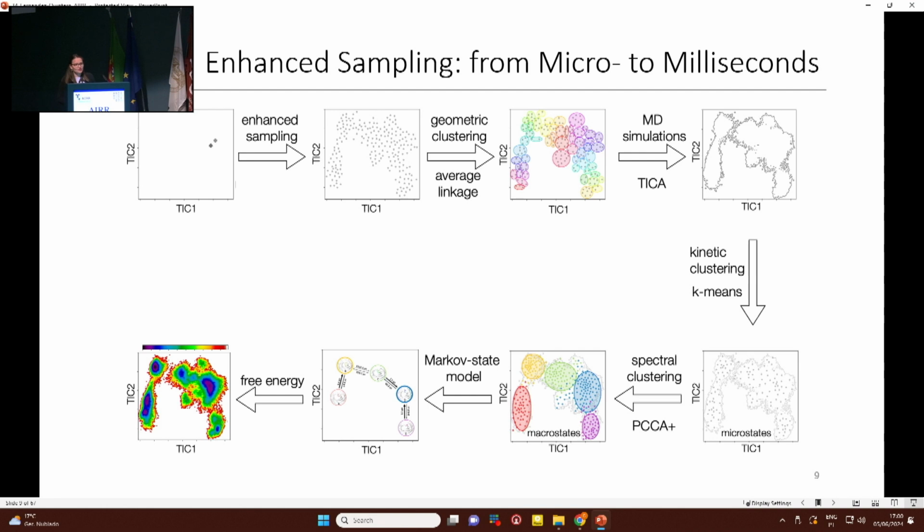And so this is just a schematic of a workflow that we're using. We're starting off with a crystal structure or a homology model. We then perform an enhanced sampling technique to capture a broader conformational space in a shorter time. However, using enhanced sampling techniques can distort the free energy surface or result in biases.